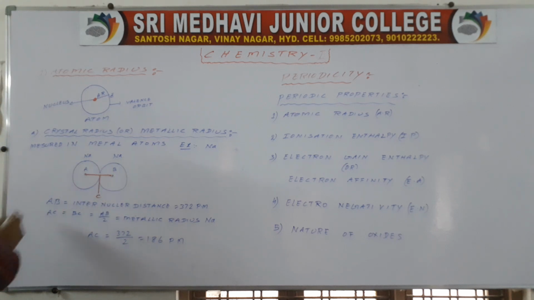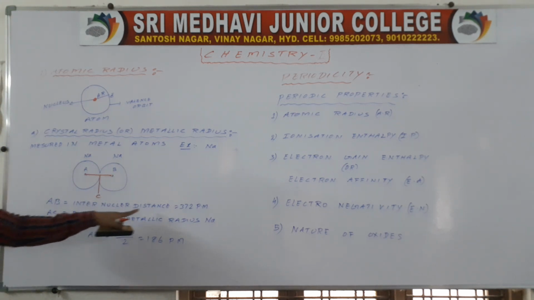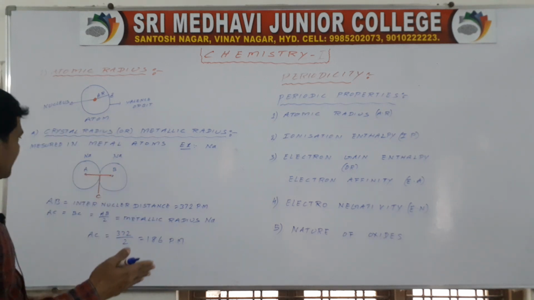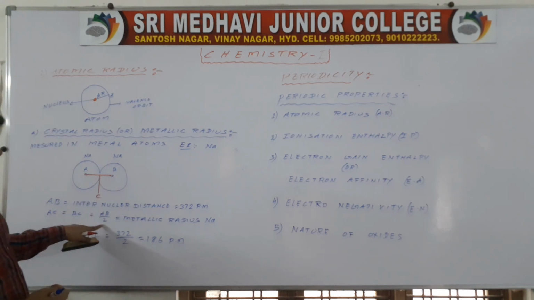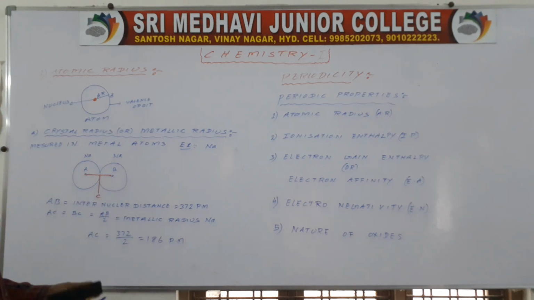AB is the internuclear distance, and half of it is AC. AC equals BC equals AB by 2, which is the metallic radius of sodium.